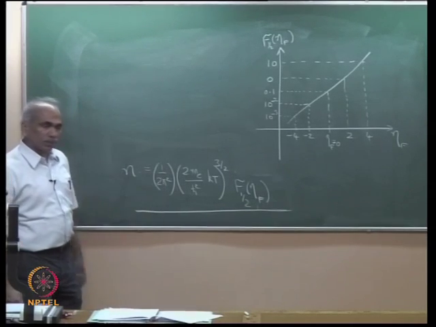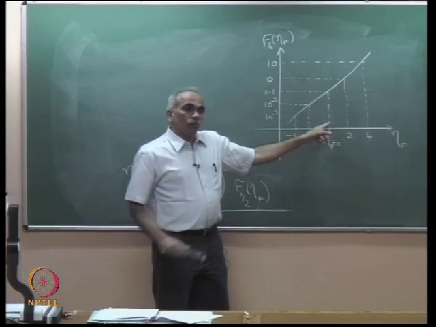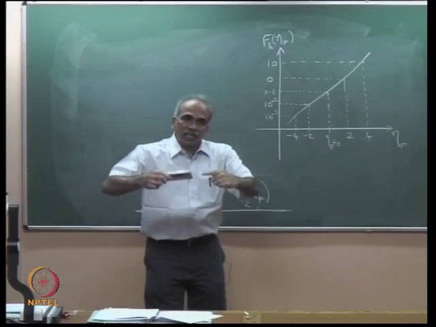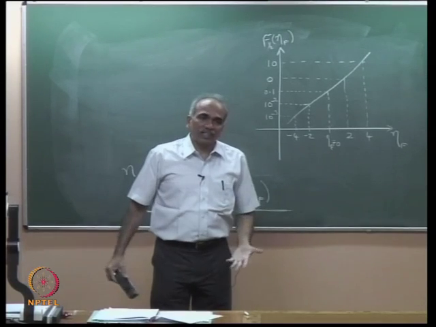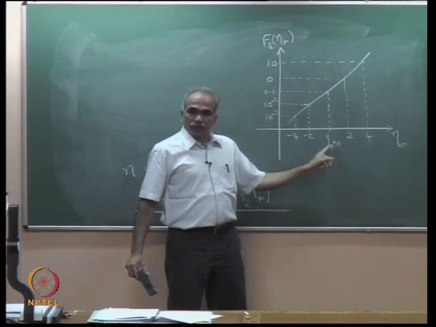These are typical numbers for the Fermi integral. Eta F equal to 0 means what? EF is at EC. The Fermi level has entered the conduction band. At EF equal to EC, eta F is 0.